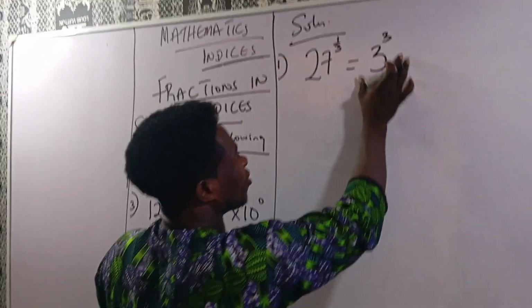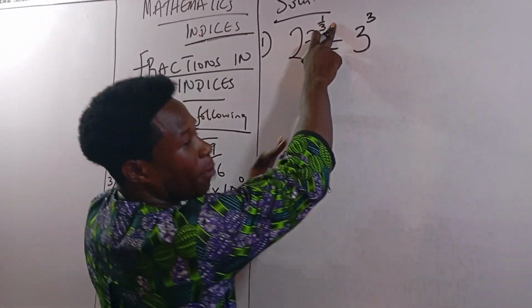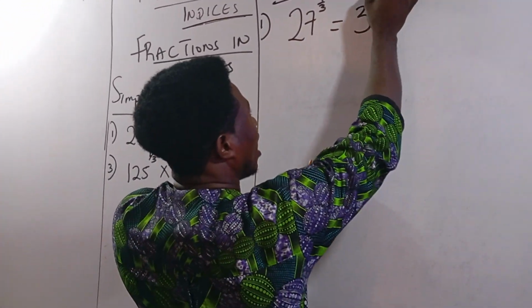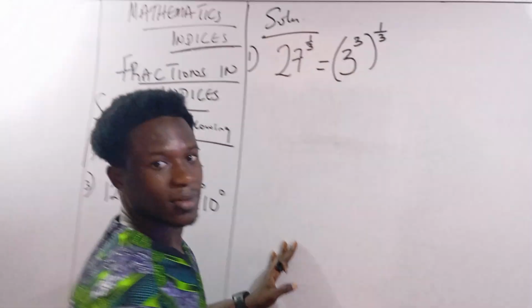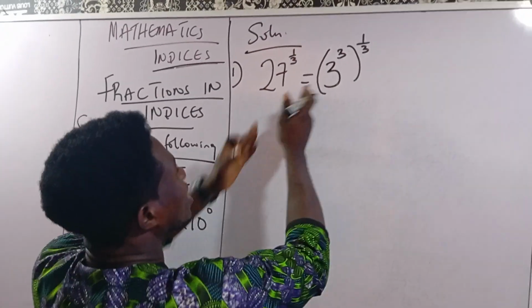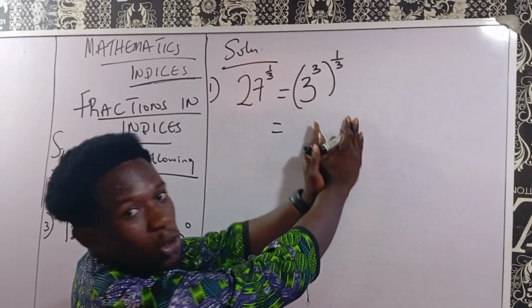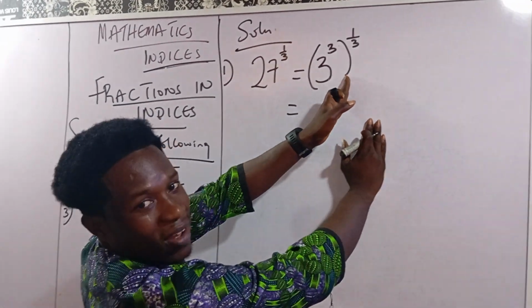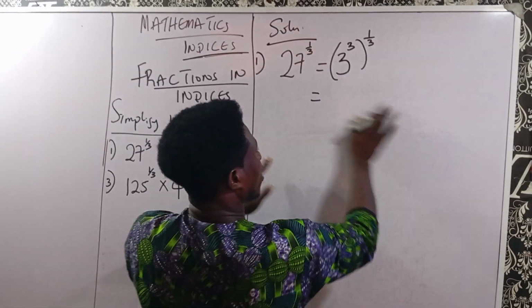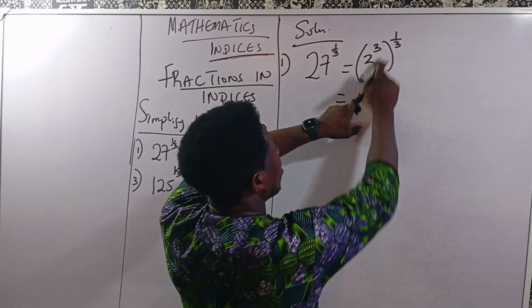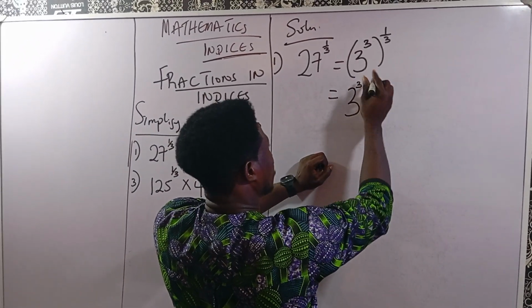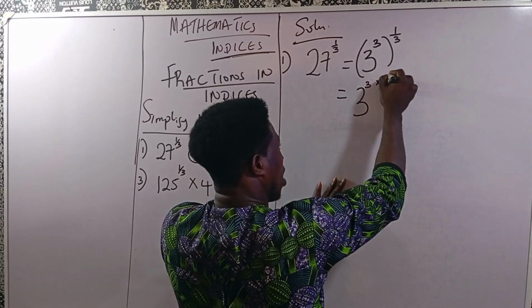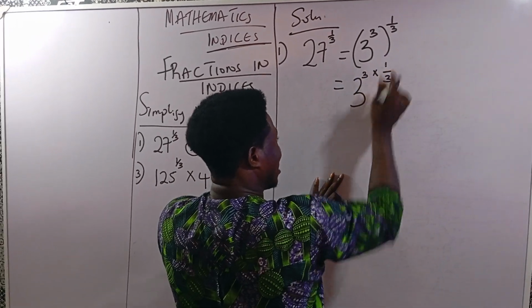So 27 is now 3 raised to power 3. Remember, we still have our power as 1 over 3. So therefore, this has entered into our product or power law. 3 raised to power 3 is still 27, and the bracket means times, so we multiply the powers, 3 times 1 over 3.